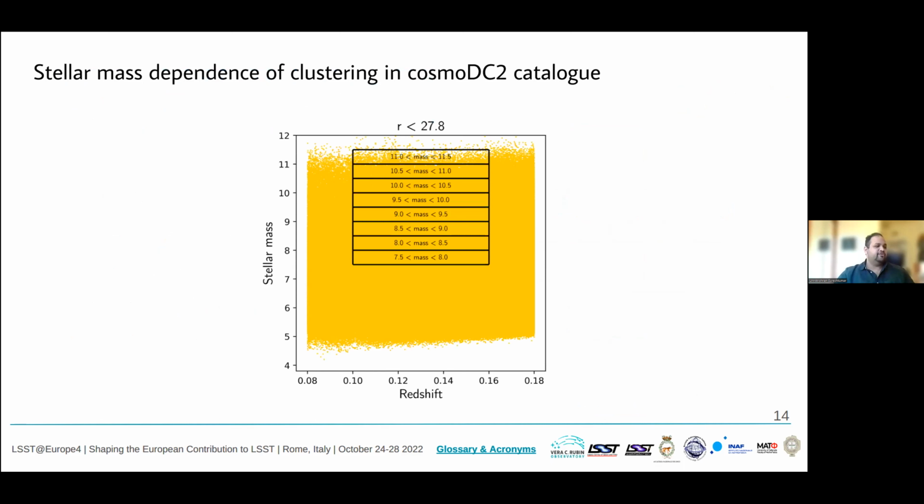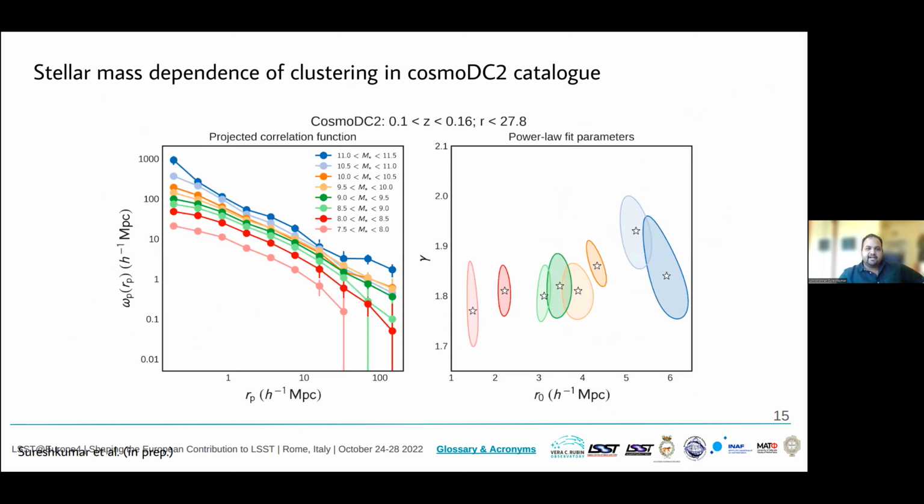First, we checked whether the CosmoDC2 catalog shows the well-known stellar mass dependence of clustering. For that, we selected galaxies binned by stellar mass, as you can see in this distribution plot, and then compared their two-point correlation functions. You can see the result here, where the correlation functions are assumed to be a power law.